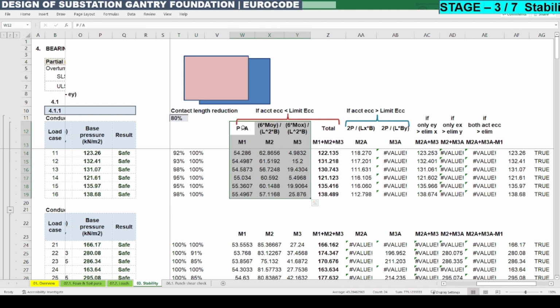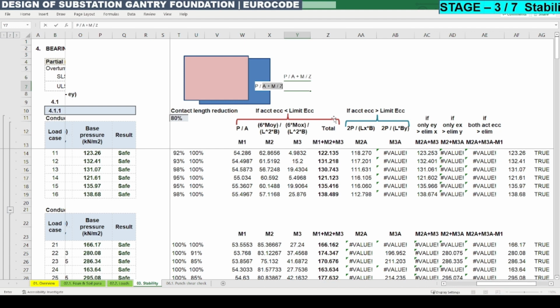These three equations are mainly arrived at by the bending equation. The bending equation, I think, is a basic equation everyone knows: P by A plus M divided by Z. So this is a basic bending equation.